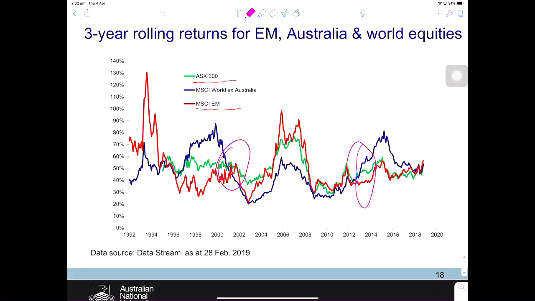It came to an end at about 2013. Over 13, 14, and 15, and 16, we see substantial underperformance of Australian equity relative to the world equity.